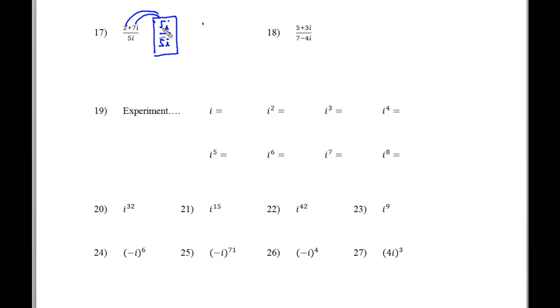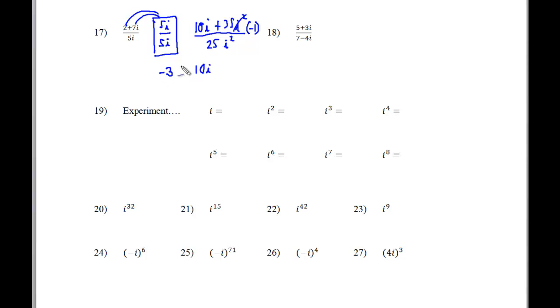Since that's a monomial there, instead of FOIL, this is going to be 10i plus 35i times i is i squared, all over 5i and 5i, which makes 25i squared. Now if I look at my numerator here, this is 35 times i squared, and i squared is negative 1. So that means I'm going to have 10i, and then my 35 times negative 1 is negative 35.